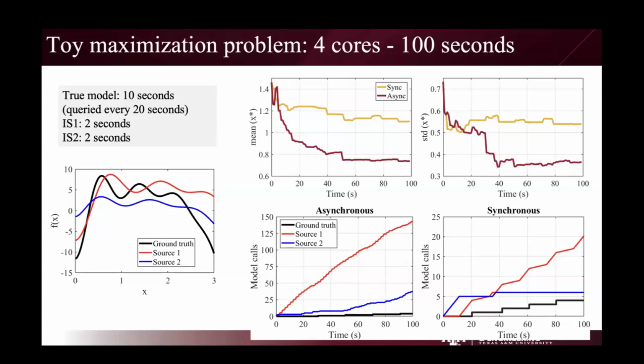In this particular case, we have a ground truth, and then we have two different information sources. Here we're trying to evaluate synchronous Bayesian optimization versus the asynchronous Bayesian optimization strategy, and we're looking at how efficiently we minimize a particular function.